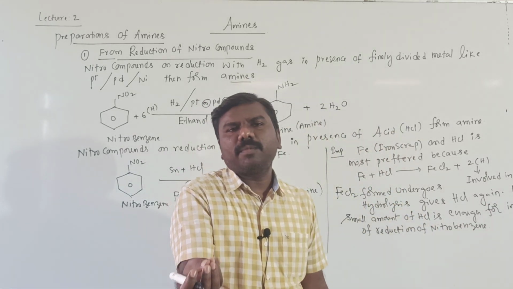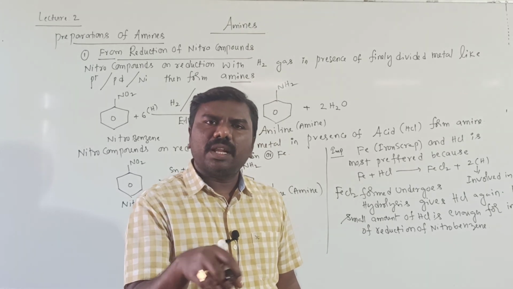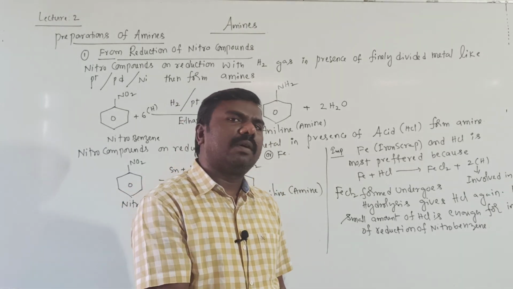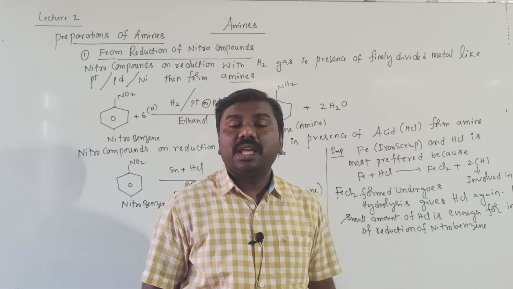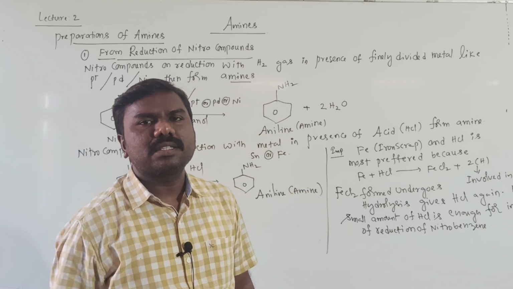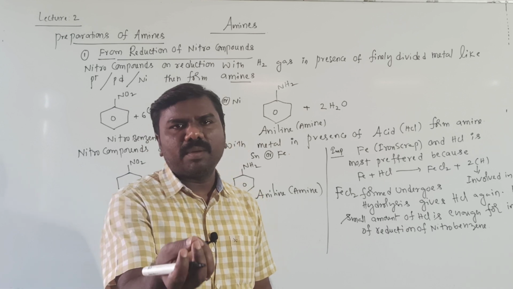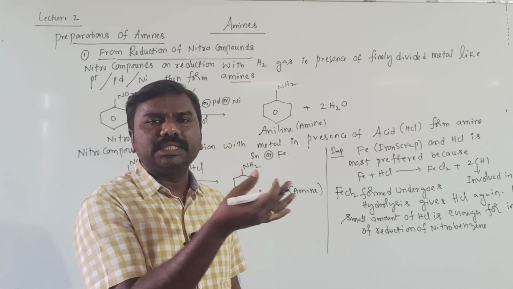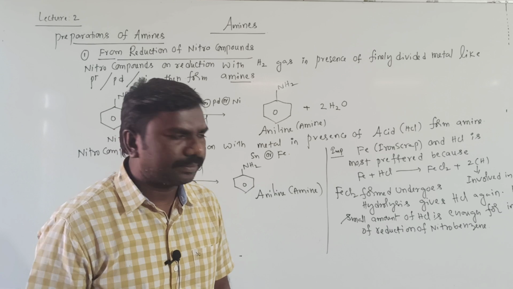If you add a small amount of HCl, then reduction starts, FeCl2 forms, and again HCl will be regenerated. That HCl again starts the reaction. That's why a small amount is enough, because HCl is regenerating in the chemical reaction.